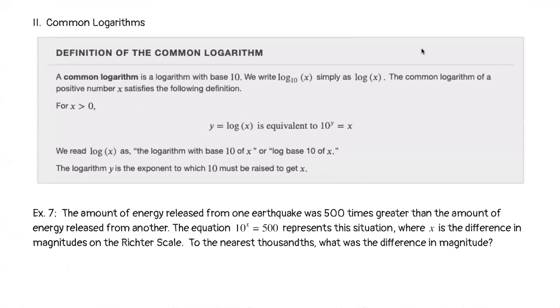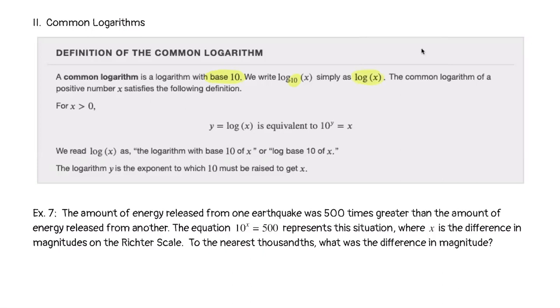Okay. So common logarithm. A common logarithm is a logarithm that has a special base. Specifically, it has a base 10. But since 10 is so common in our math, we call this a common log, and we don't even bother writing the 10.